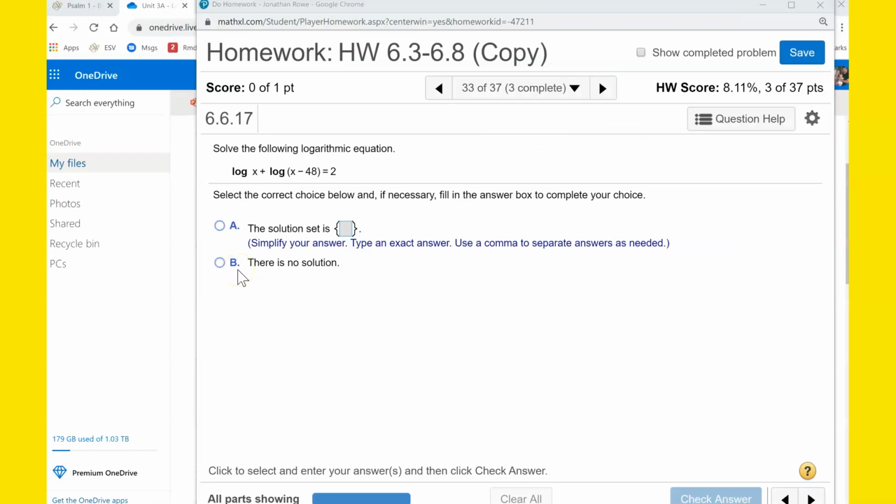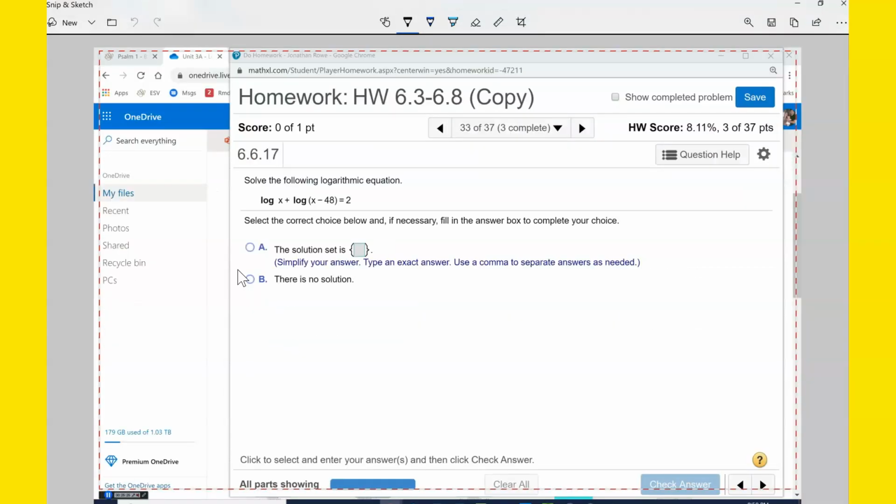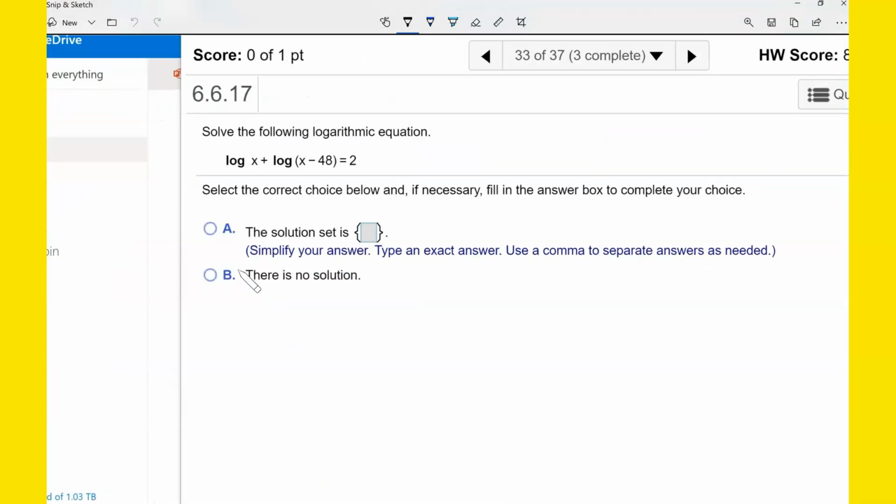Now here is a nice log equation where we actually have to do something I haven't shown you yet, but it's going to be applying what we learned about condensing logs to solving this equation.